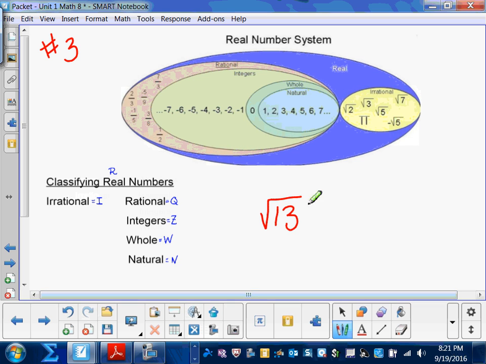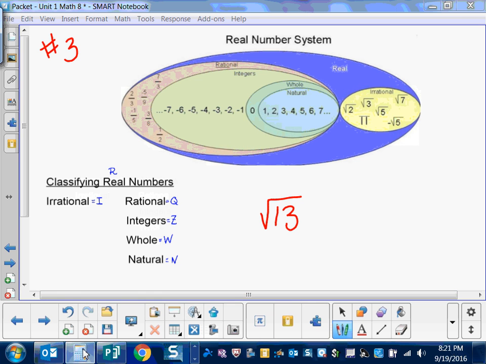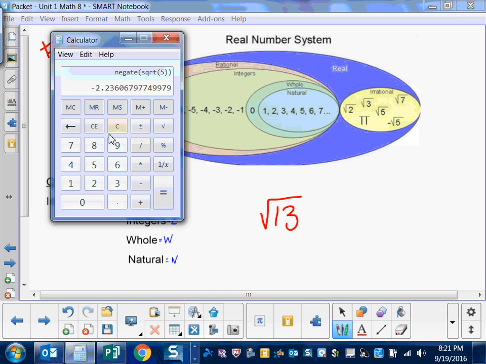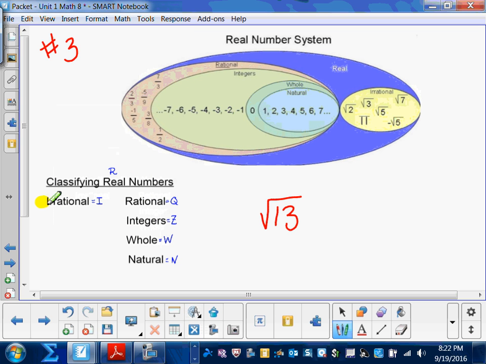Number 3, the square root of 13. Well, can we simplify the square root of 13? I don't think so. That's not a perfect square, is it? Let's look at the decimal on the calculator. The square root of 13. Well, that decimal doesn't end or repeat, and it's got that square root, so that's an irrational number. So it's an I. And irrational numbers are real numbers.